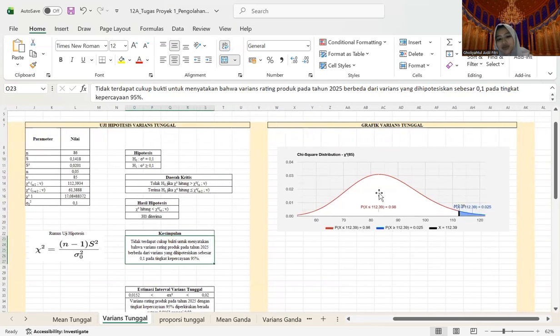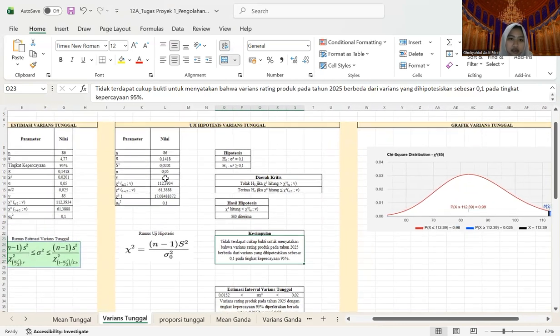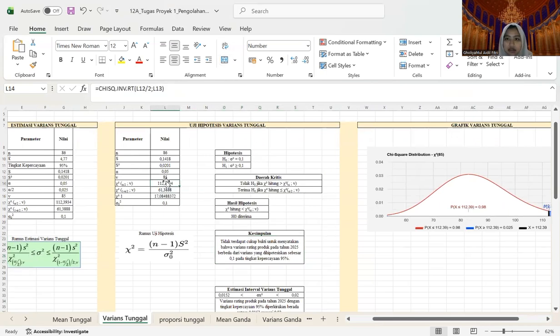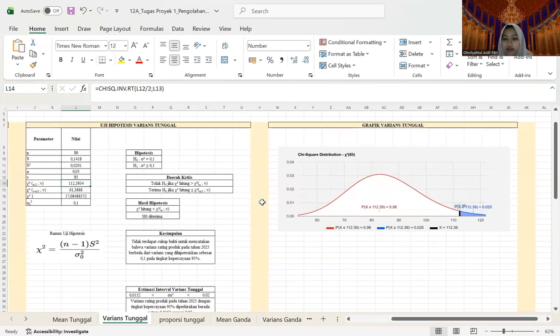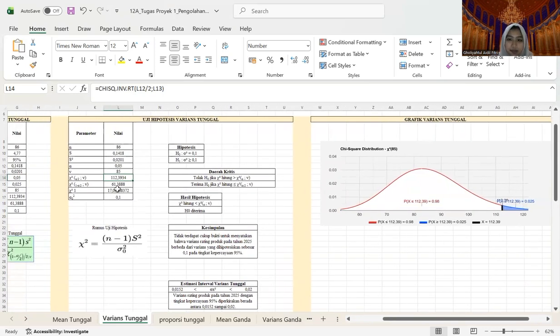Now let's look at the chi-square distribution graph. We can see the distribution for 85 degrees of freedom. The shaded blue area on the right represents the rejection region, starting from our critical value that is 112.3934, and our calculated chi-square value which is 17.0849.